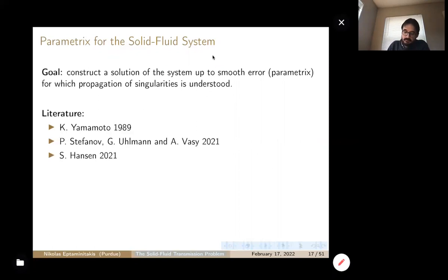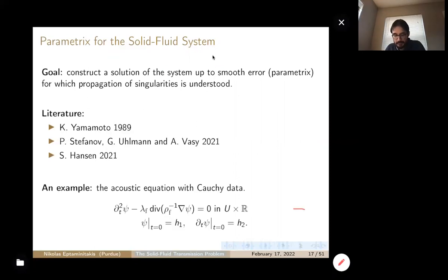Okay, so to give an idea of what we are after and what kind of solution we're trying to find, let's start with a simple example. Let's start with an acoustic equation with Cauchy data. Here this acoustic equation is written in divergence form, and the corresponding wave speed is the square root of lambda over rho.